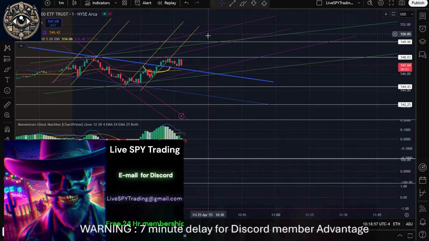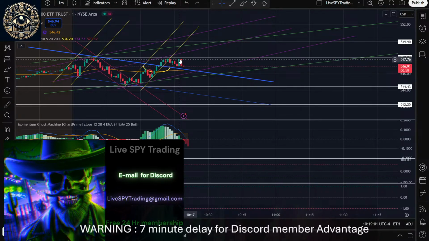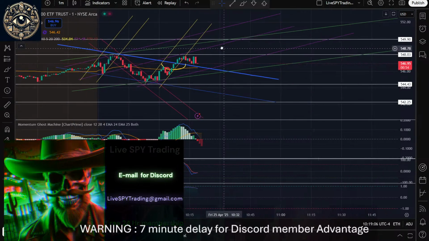So then now we have to think, was this a momentum candle or a stop hunt? About to find out.